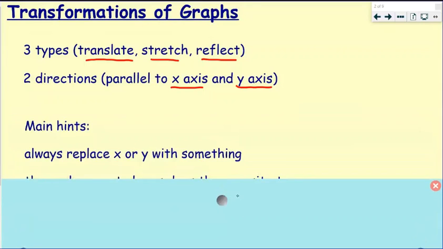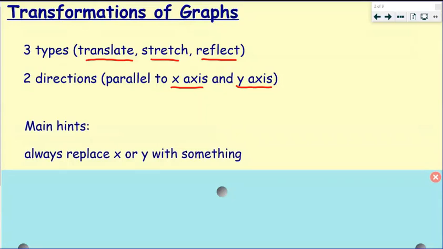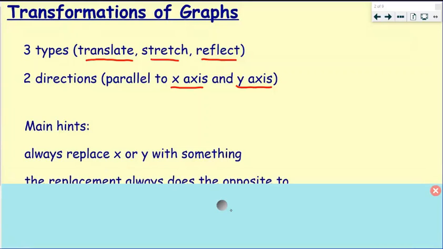So I want to share things that will hopefully make it simpler. The first is the rule is basically always replace x or y with something. If we do that, we fix a whole load of problems with trying to remember transformations. It means there is complete consistency, particularly regarding the next one.